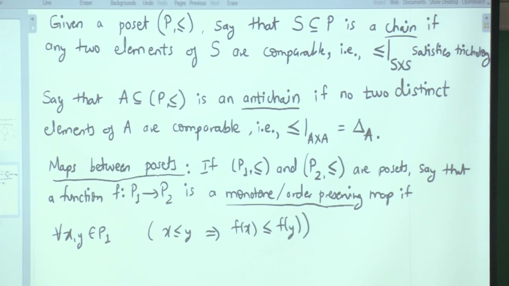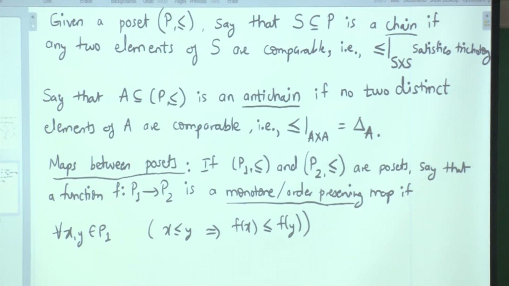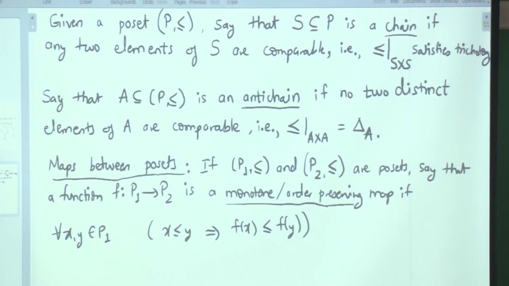It preserves order. What will be the definition of order reflecting? Right, so let me use red color. So order reflecting, the same definition, you only change this implication to reverse. So order preserving, order reflecting. Reflecting as in you see in the mirror: if f of x and f of y are comparable, then x should be less equal y. That is order reflecting.